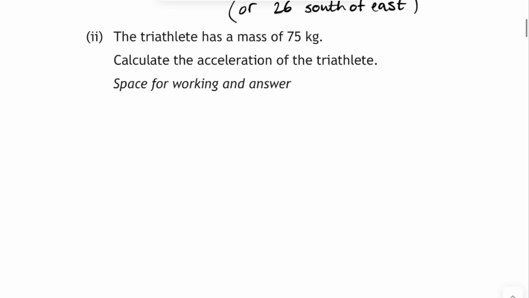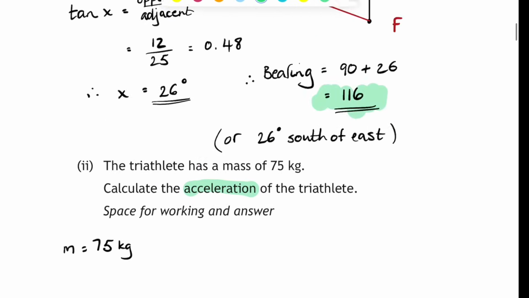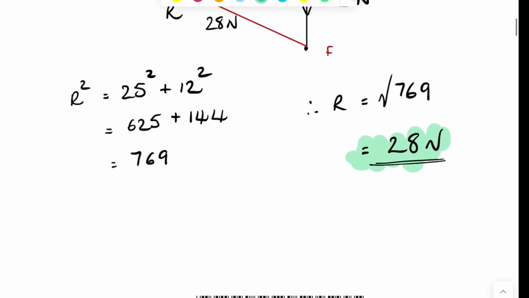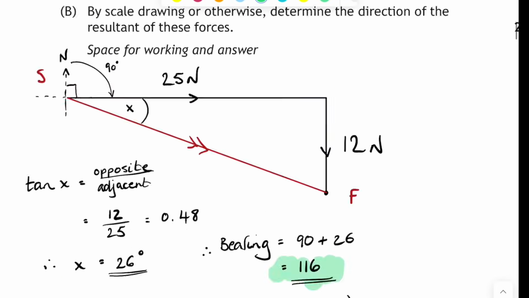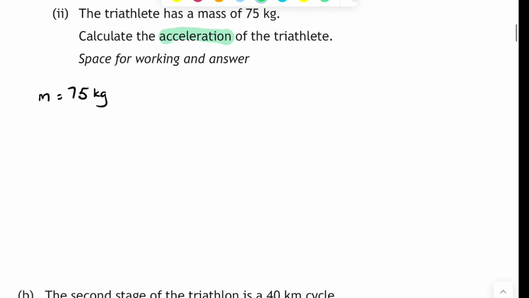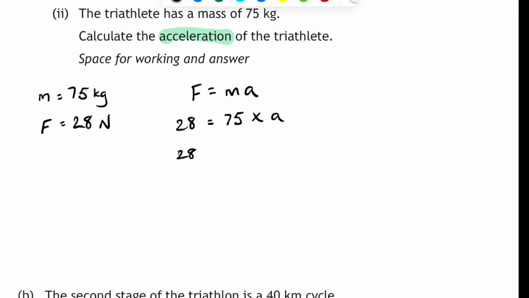And then moving on to part 2, it says the triathlete has a mass of 75 kilograms. Calculate the acceleration of the triathlete. Well, there's his mass, and if we want the acceleration, then the other thing we're going to need is the resultant force acting on them. We've already calculated that. That resultant force was 28 newtons. So by using Newton's second law, F equals ma, we can substitute in the values for the force and the mass and then rearrange it.